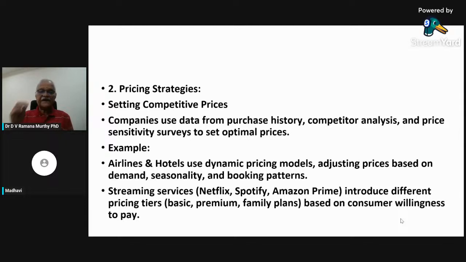They must examine consumer willingness to pay. So based on this study only, you can take decisions on fixing a competitive price, and you can vary price discounts, because consumer price sensitivity is studied, and based on that you offer prices and price discounts, etc.